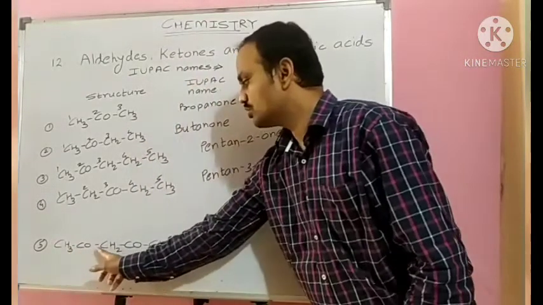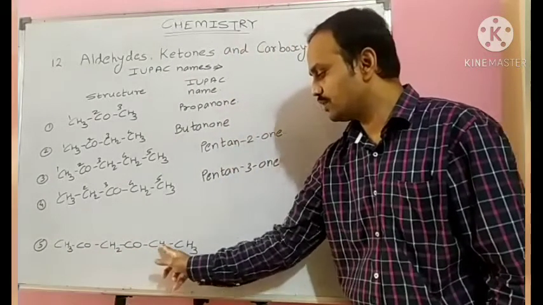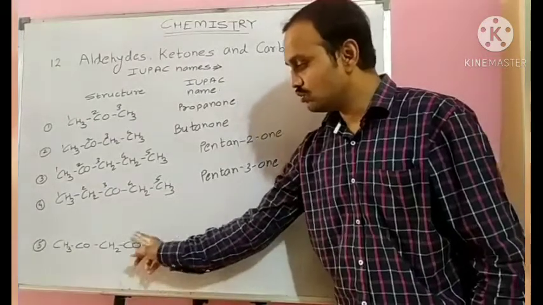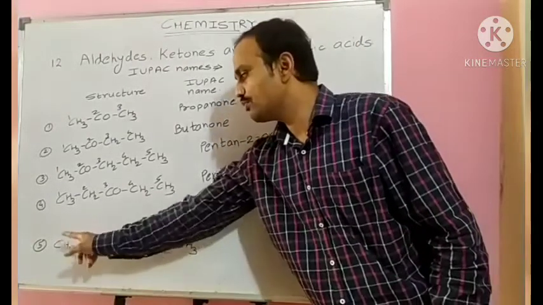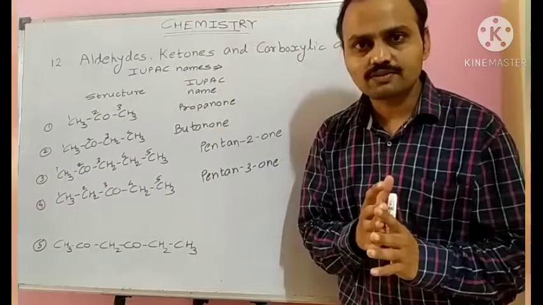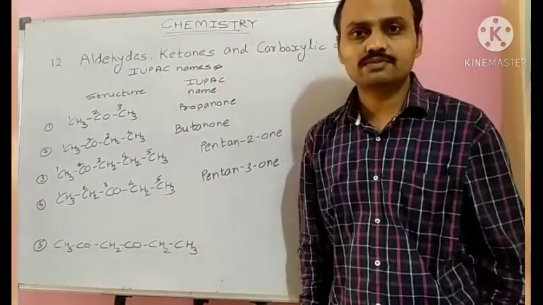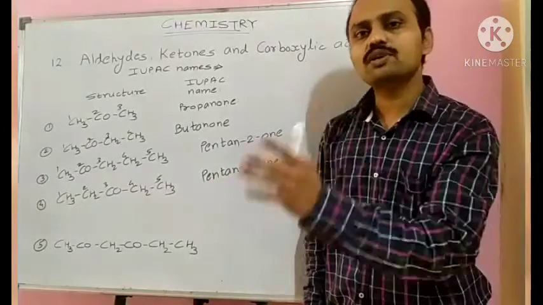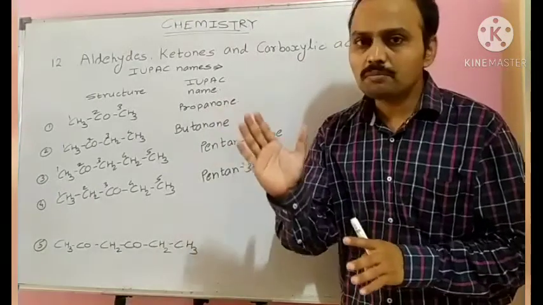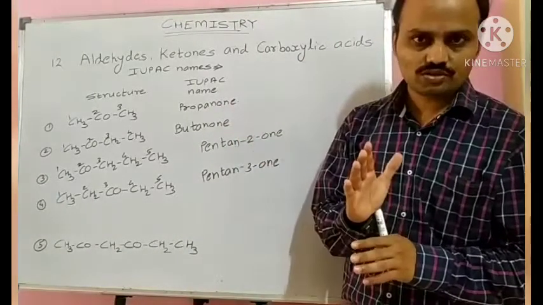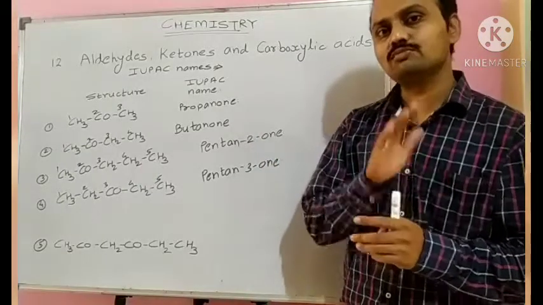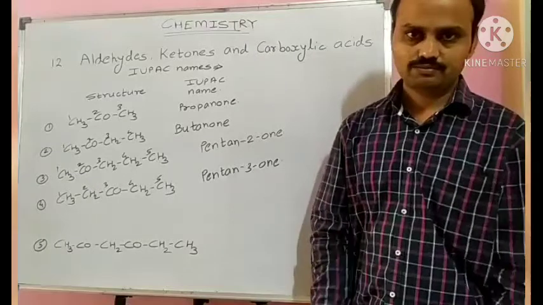1, 2, 3, 4, 5, 6. Now the first point is which numbering is correct, from left to right or right to left. Again I will tell you the rule. The numbering from which the functional group carbon atom is getting lowest number, that numbering is correct.